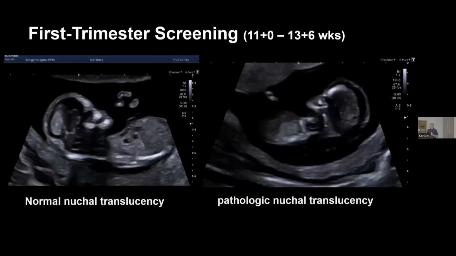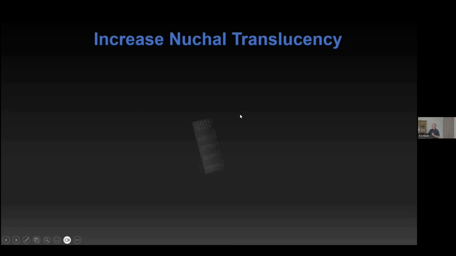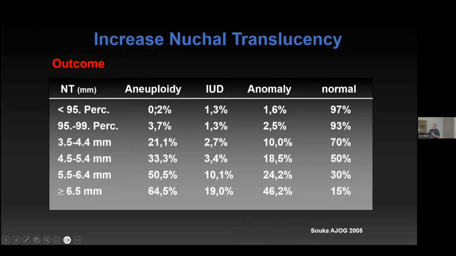We know that there is a higher risk of problems. If the nuchal translucency is increased, then we have a higher risk for aneuploidy with chromosomal abnormalities, with intrauterine death, also for structural anomalies.